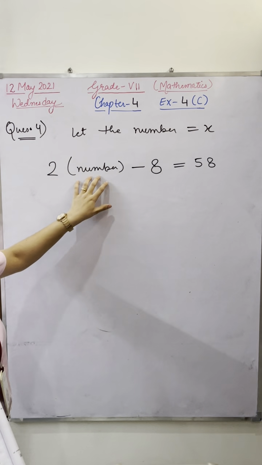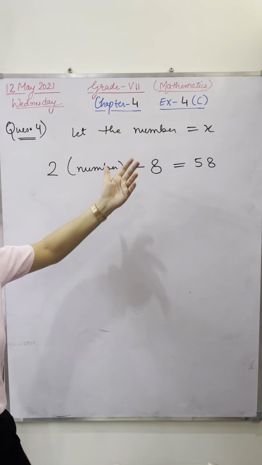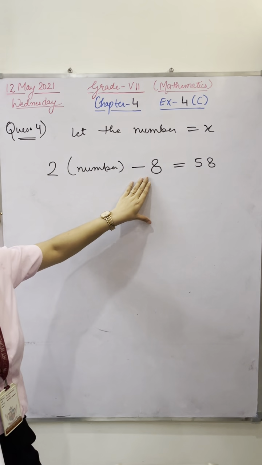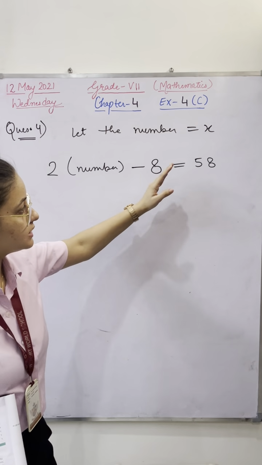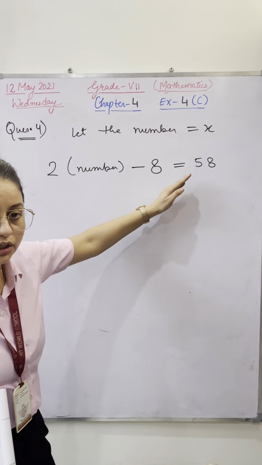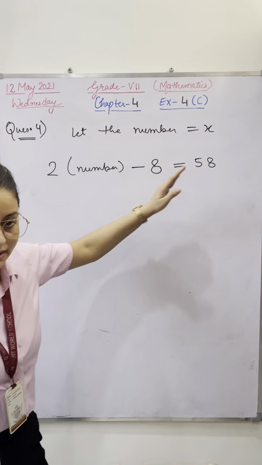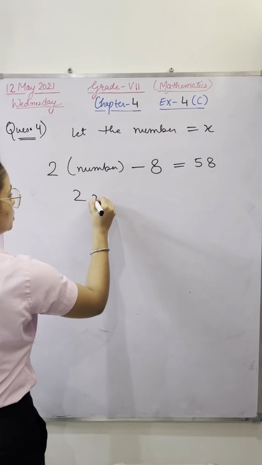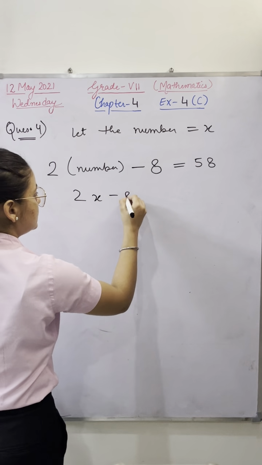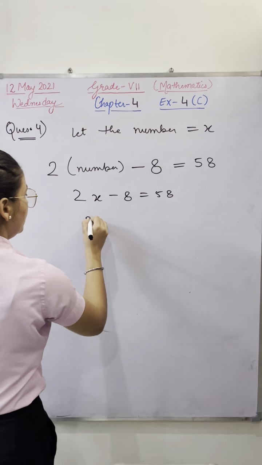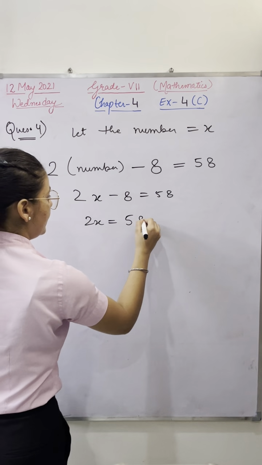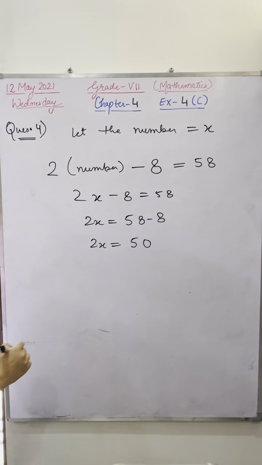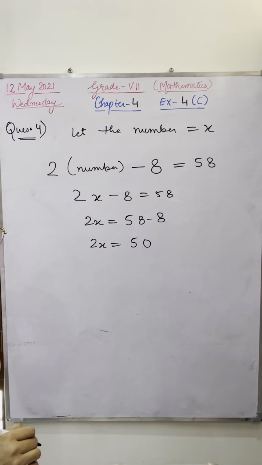Twice of a number when decreased. If it is increased, you have to mention plus. If it is decreased, you have to mention minus. Gives means it is equal to 58. Right? So twice a number, the number is x. 2x minus 8 is equal to 58. 2x is equal to 58 minus 8. 2x is equal to 50.